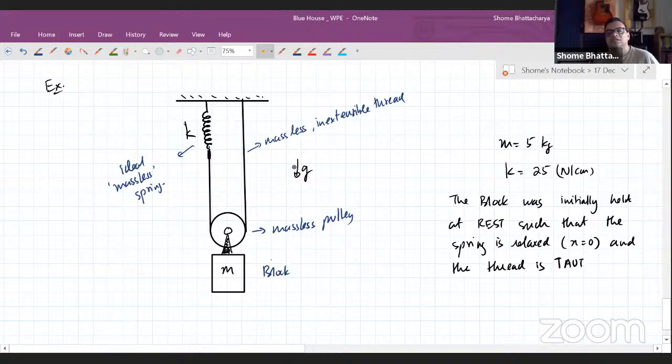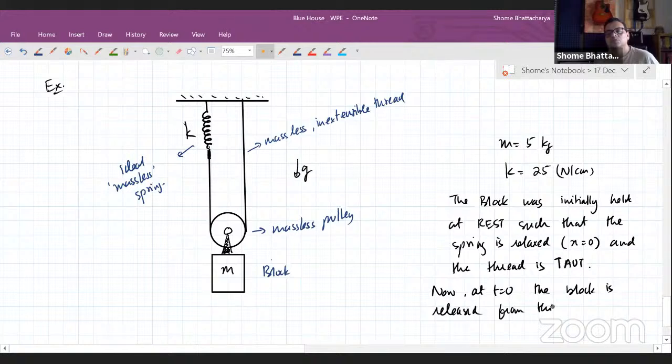So this thread is stretched out to its full length. It's not hanging loosely. Now at t equal to 0, the block is released from this position. Okay.